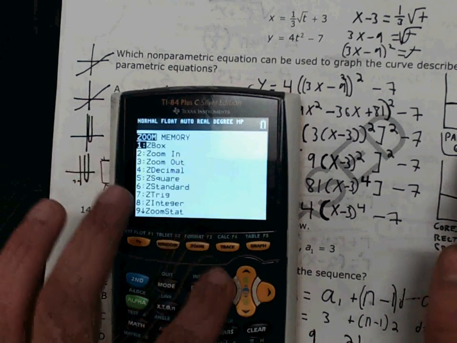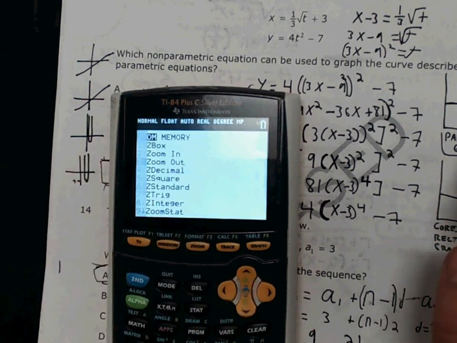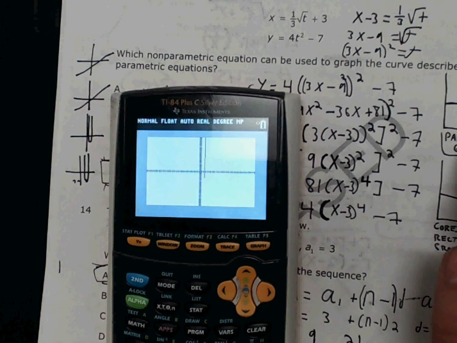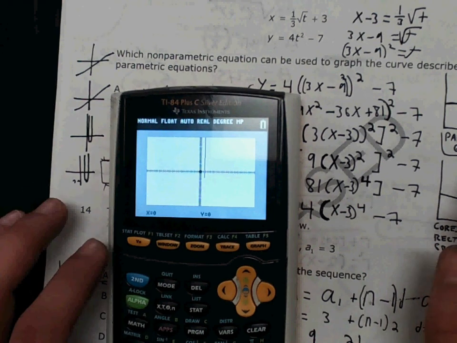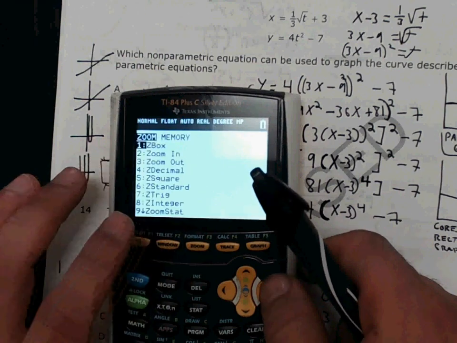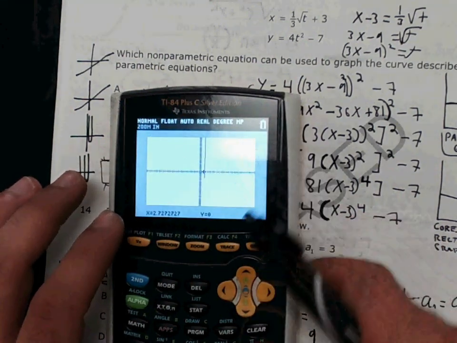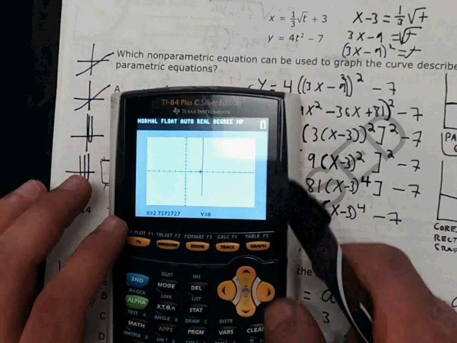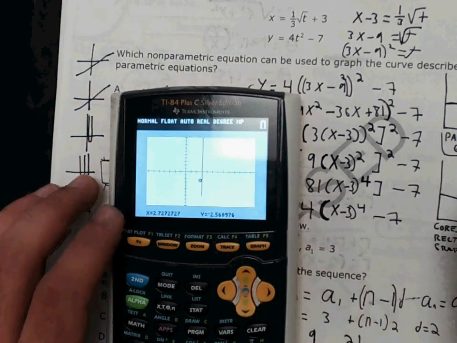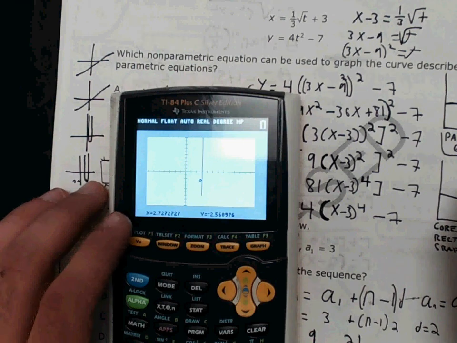And I want to zoom out so I can see what's going on. All right, let's zoom back in. So it looks like it's just coming up like this.